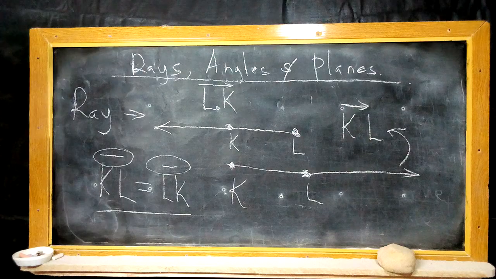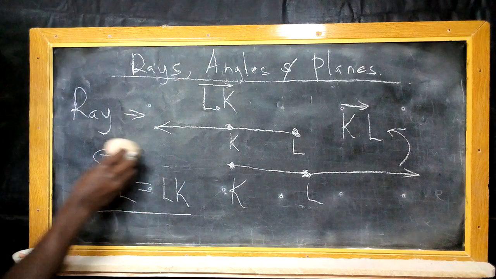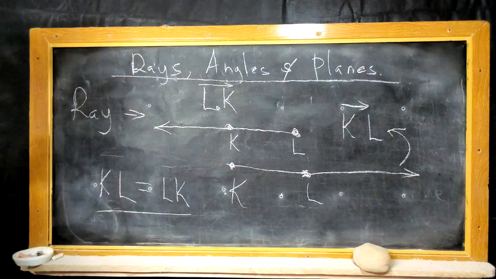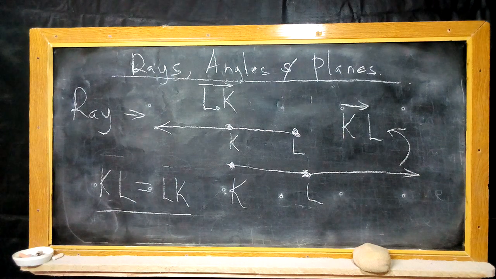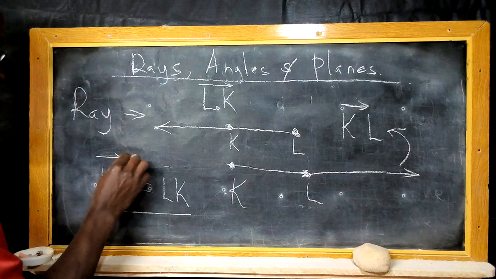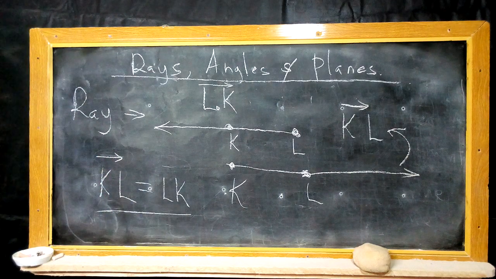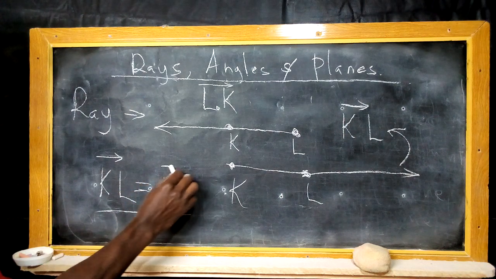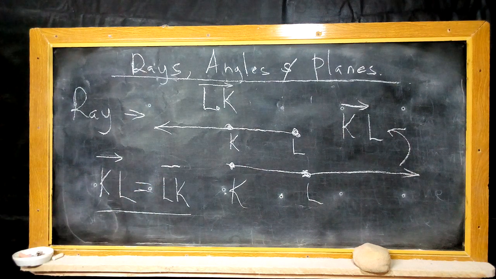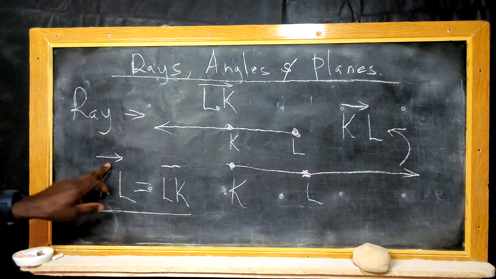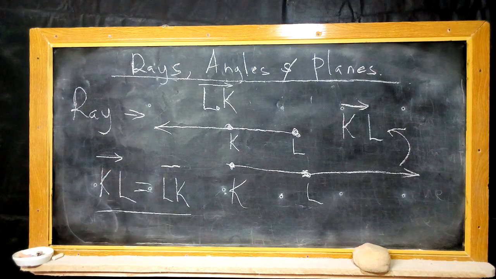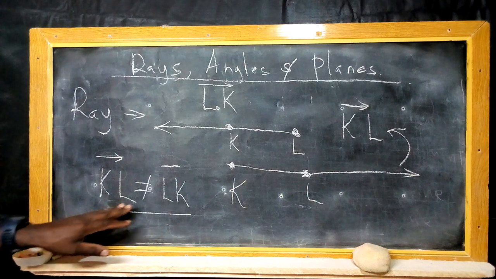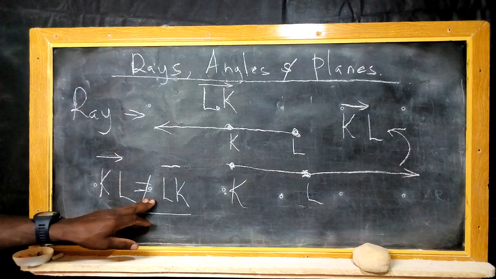But in case we were to represent it using that ray, which is indicated using that arrow, then we cannot say that it's equivalent to that one because of the aspect of direction. So we cannot say that this ray is equivalent to that segment. This is going to show an inequality between the two.